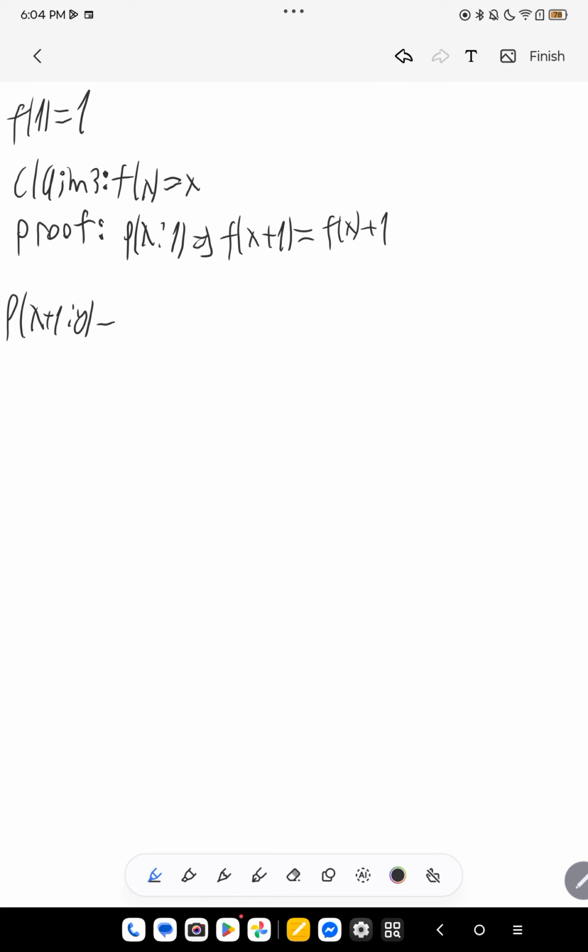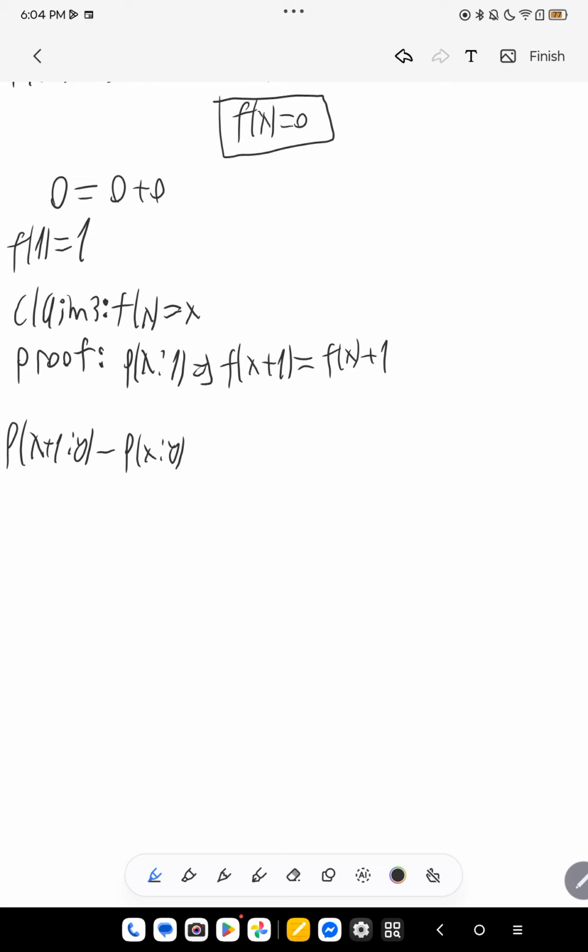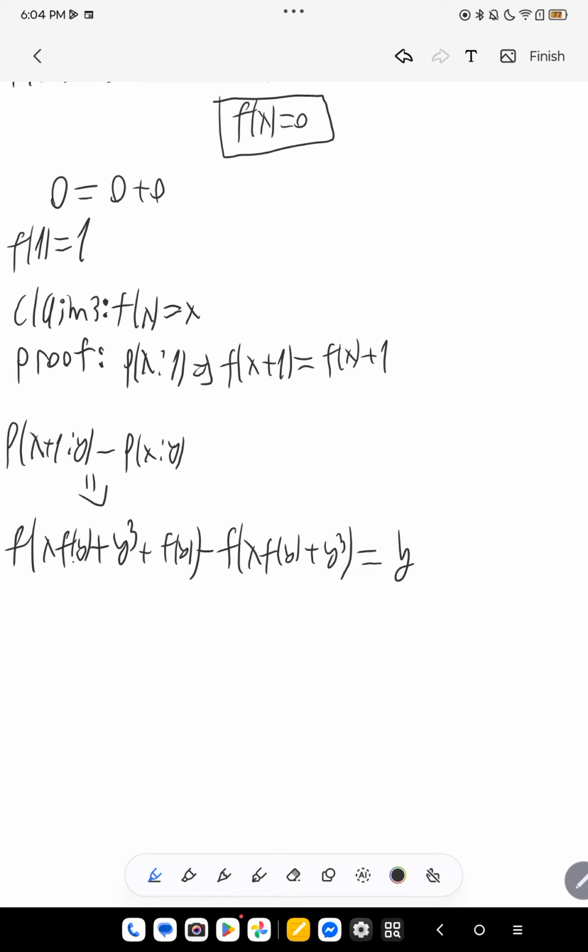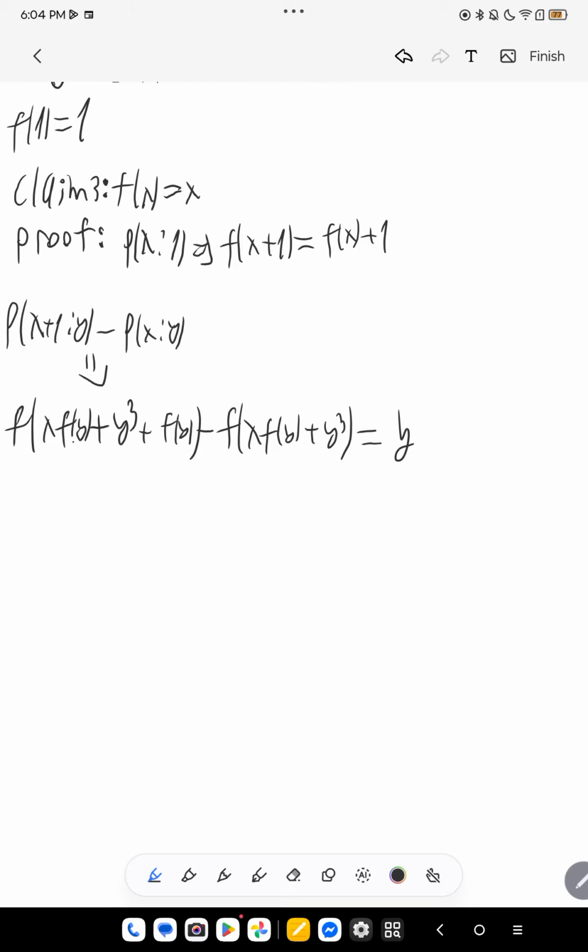Let's subtract these two, and from here we will get something like this, plus y cubed plus f(y) minus f(x)f(y) plus y cubed is equal to y. It's easy to check.